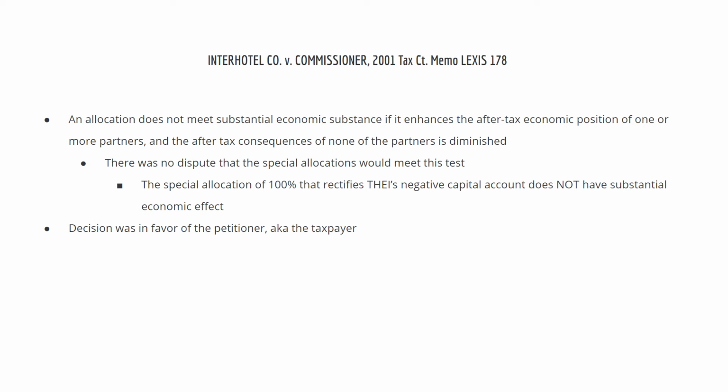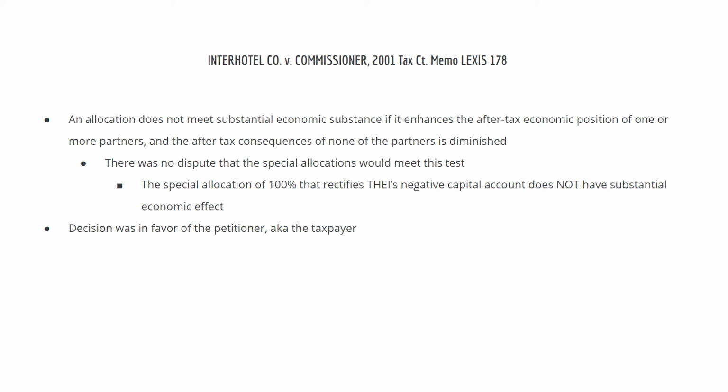And so the two parties, both the petitioner and the respondent, didn't dispute that the special allocations would break the substantial economic substance test. And so they decided that the special allocation of 100% that rectifies his negative account does not have substantial economic effect.